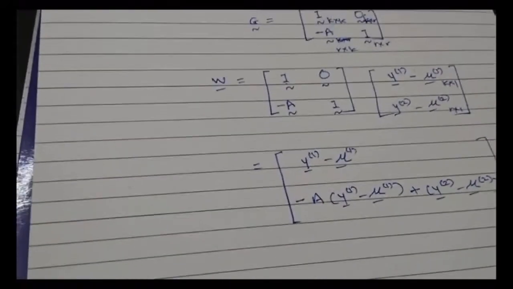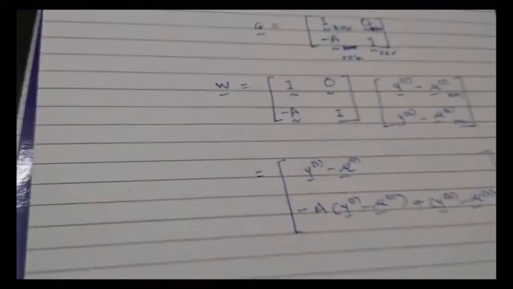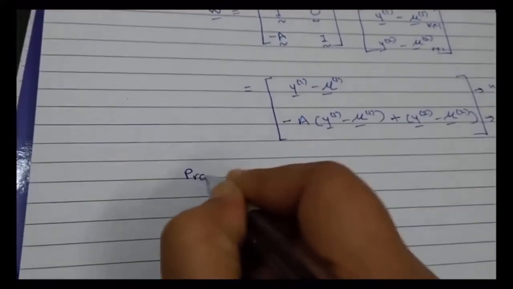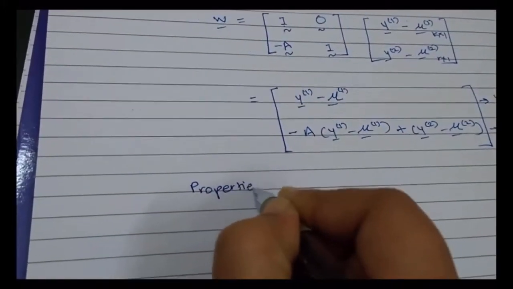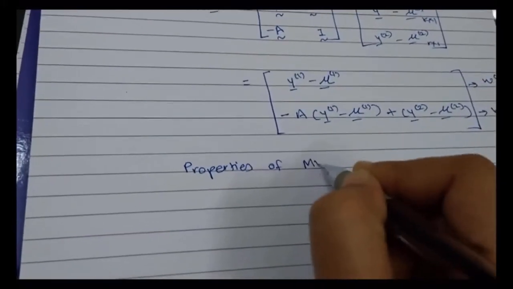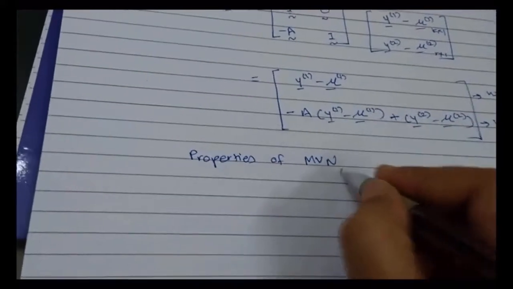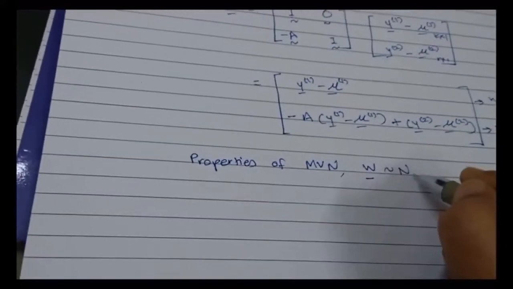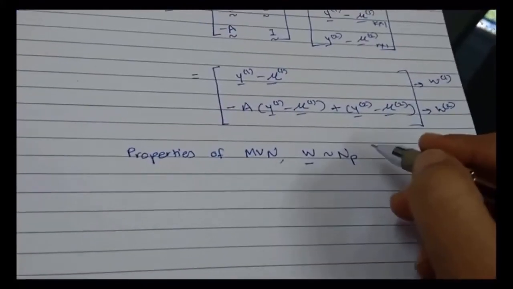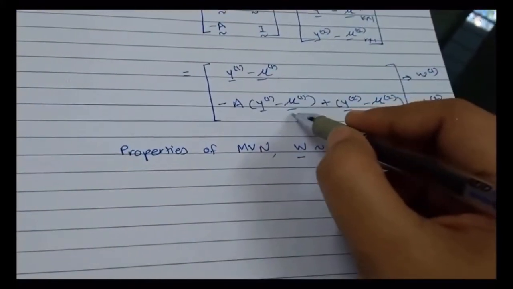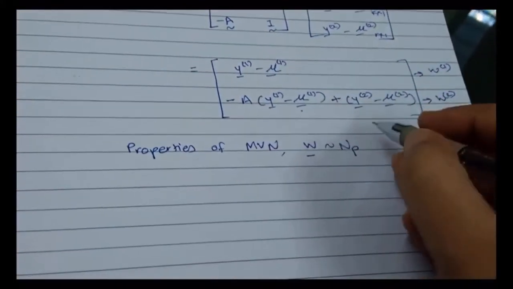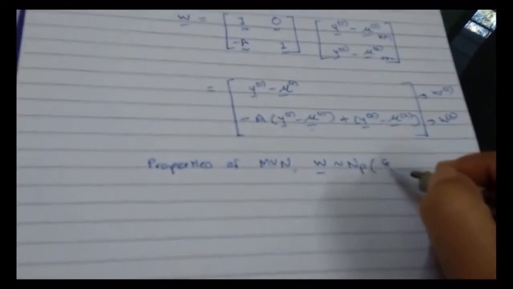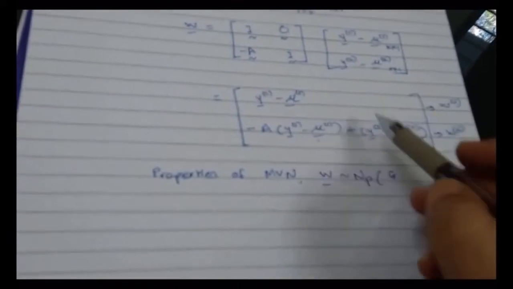So if this is my w1 and if this is my w2, then can I say something about the distribution of w? From yesterday's properties of the multivariate normal random vector, what we know is w will also have a normal distribution, again a p-variate normal distribution, because this is K cross 1, this is R cross 1, so the addition is p cross 1. But the mean vector would be G times the mean of this.